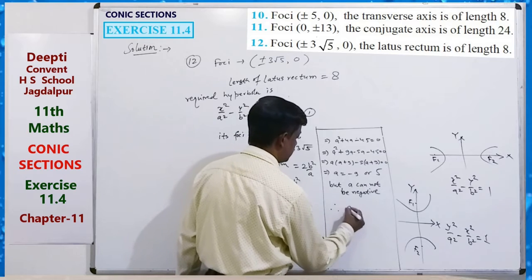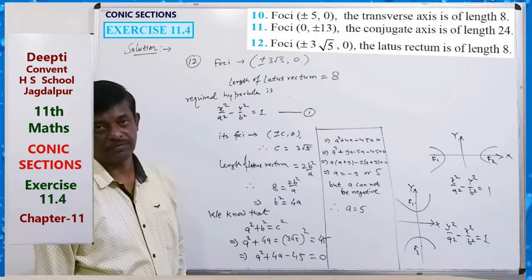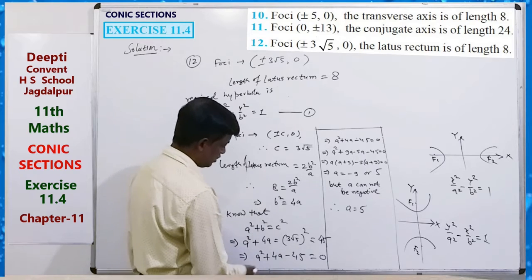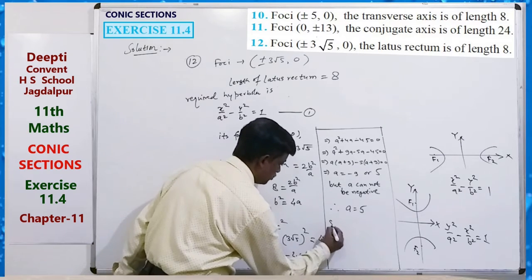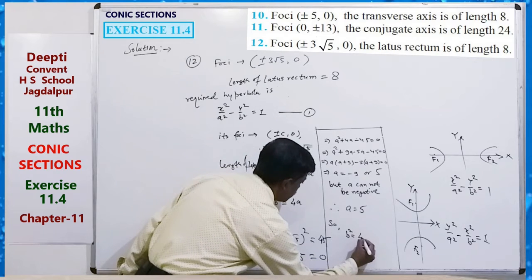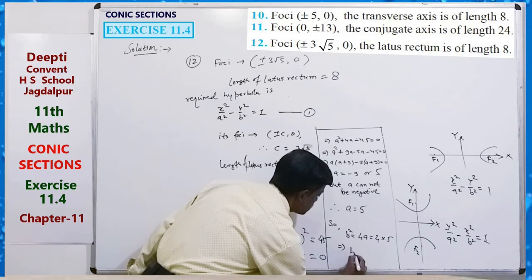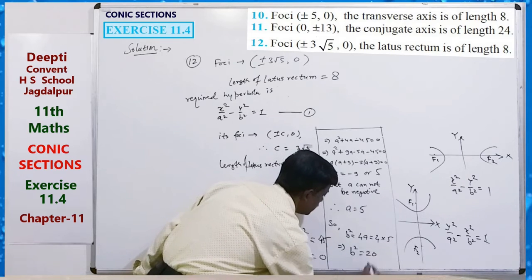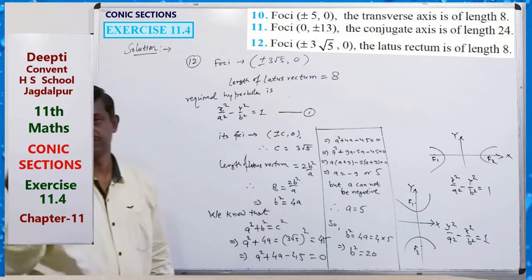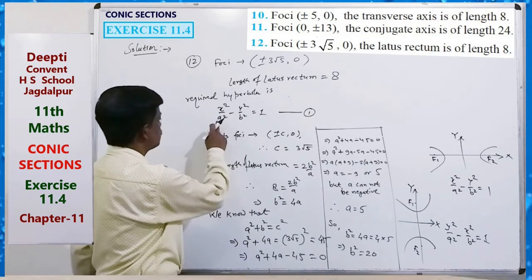Therefore, a equals 5. If a equals 5, then we can also find b. So from here, b square equals 4 into a, 4 into 5, implies b square equals 20. So just put here 20 and a square 25.